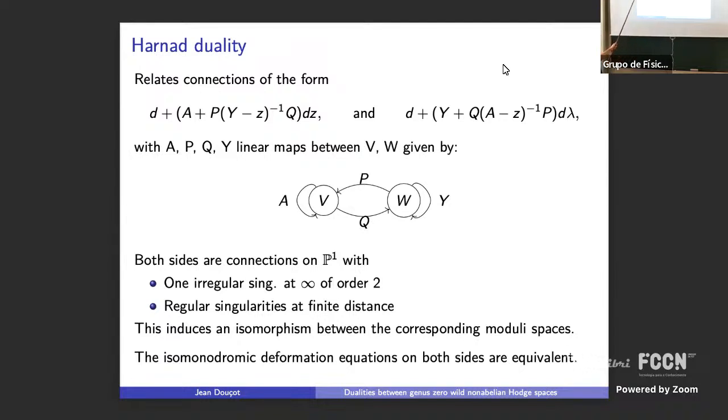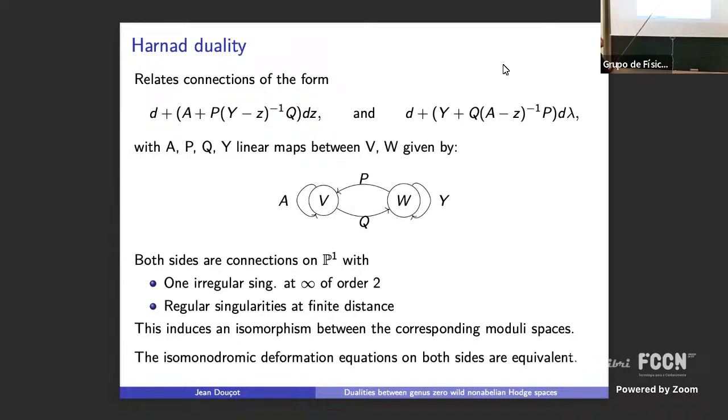Here A, P, Y, and Q are linear operators, matrices between two vector spaces V and W, and the source and target of each map is indicated by this diagram. You see from this picture that in Harnad duality you just swap the roles of V and W, and you get those dual connections.